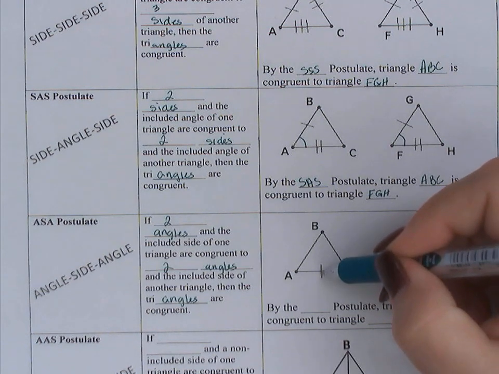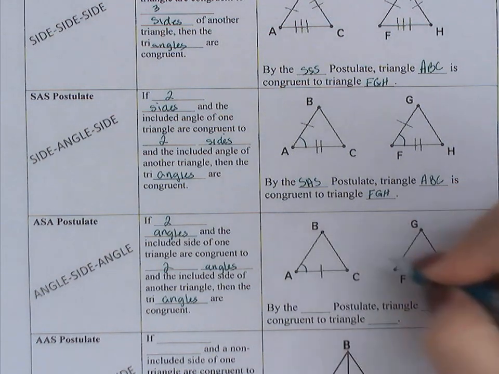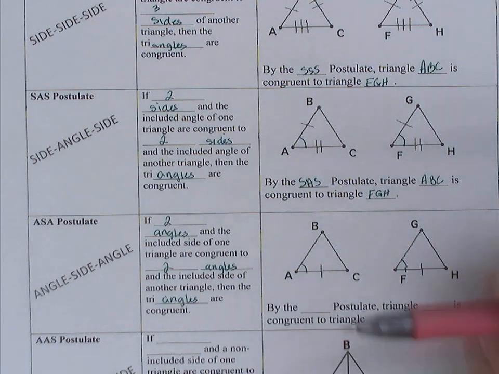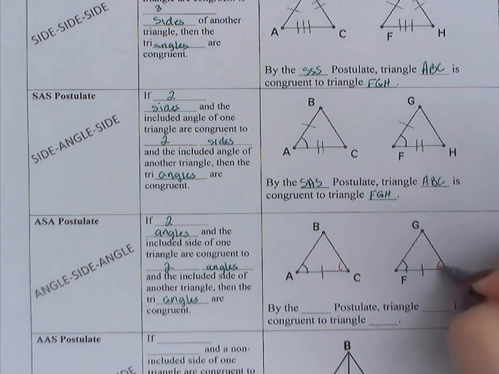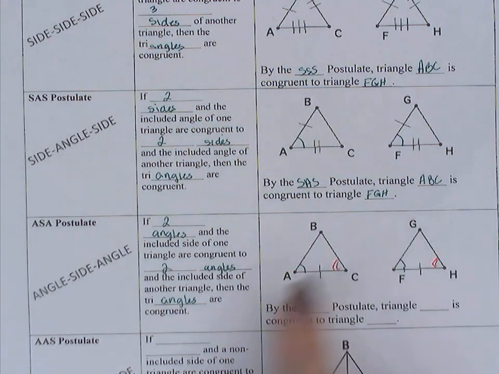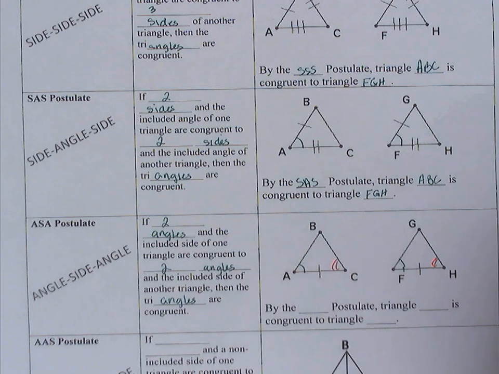Well, if this has to be included, it means that these 2 angles have to be congruent, right? So A and F have to be congruent, and C and H have to be congruent because this is the included side.